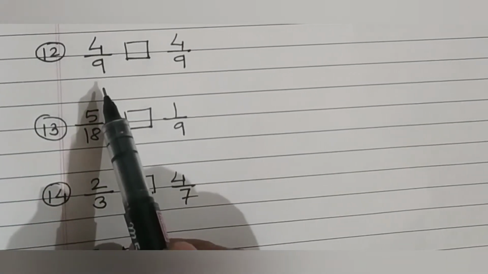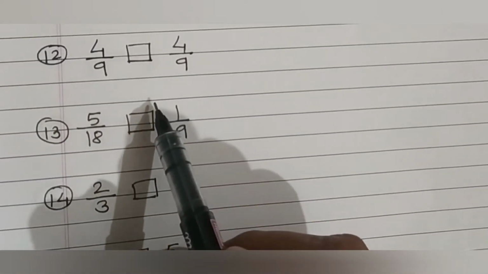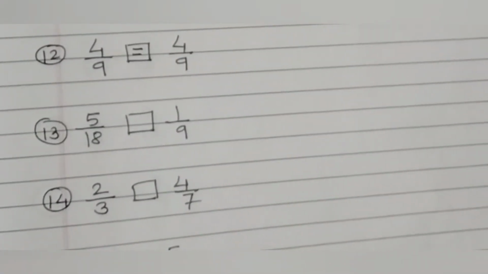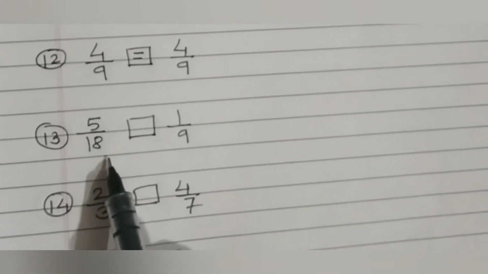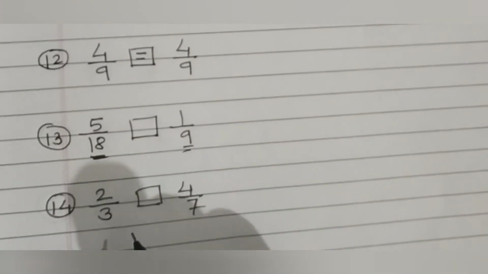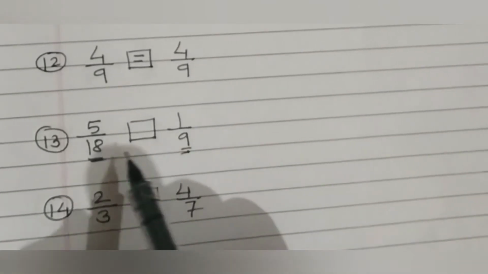Okay. Then 4 by 9 and 4 by 9. Of course, both fractions are equal. Okay, we need to give equal sign. Next number 5 upon 18, 1 upon 9. Okay, so if you observe here, here is 18 and here is 9. We have to convert this 9 into 18.